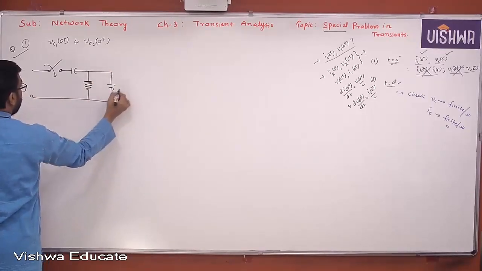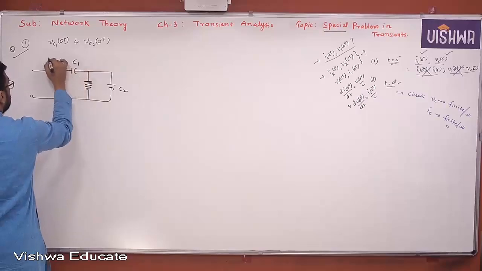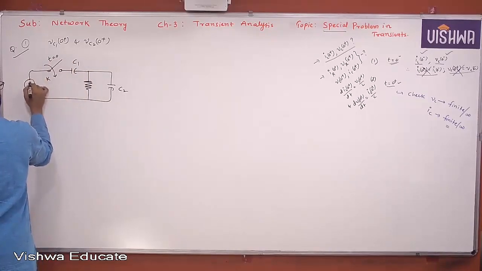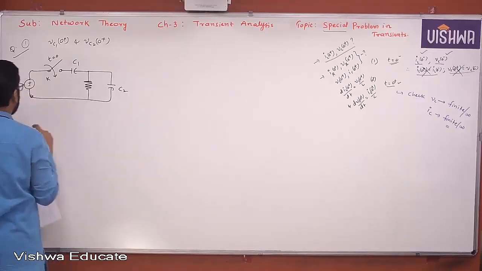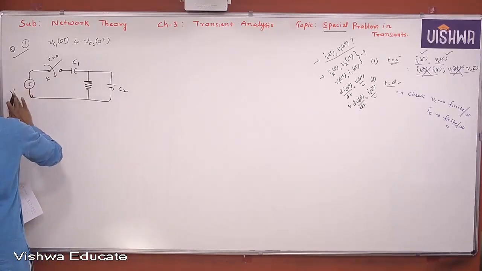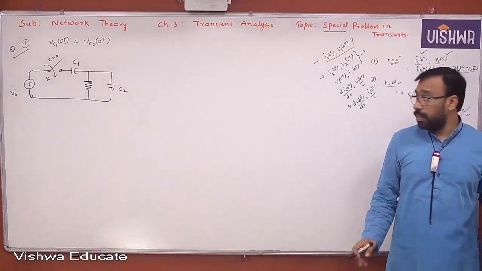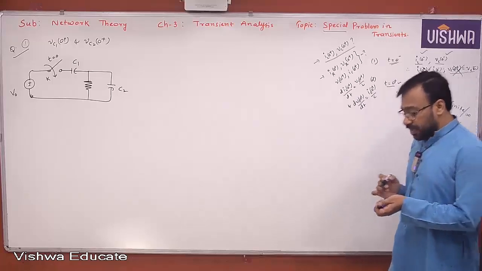Look at this problem. It's a very interesting question. The switch K is closed at t equal to 0 and the voltage is V0. In the problem it is given as V0, you can take it as V0, not a problem. This value is R, capital R.